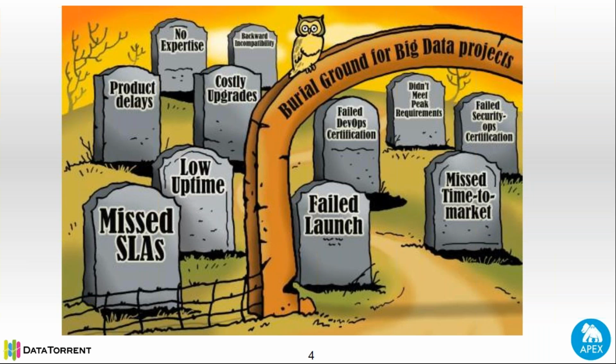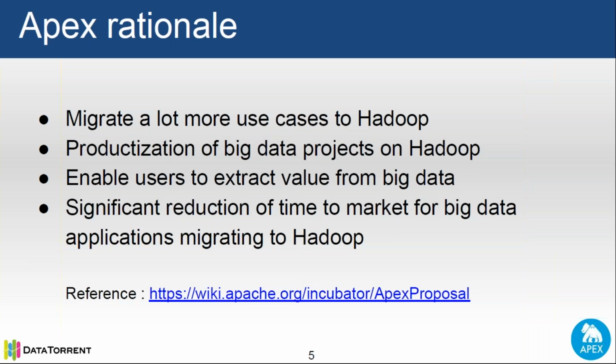There could also be some SLAs from the requirement side, and finally you observe that the platform is not able to meet that scale and maintain those SLAs, or it could not meet the peak requirements. If the platform is not supporting dynamic scaling, then it's difficult to meet the peak requirements.